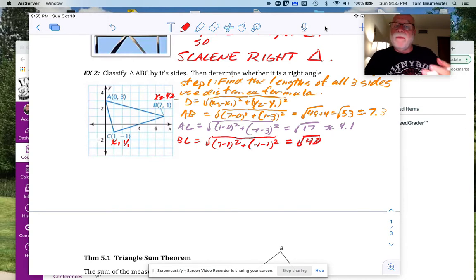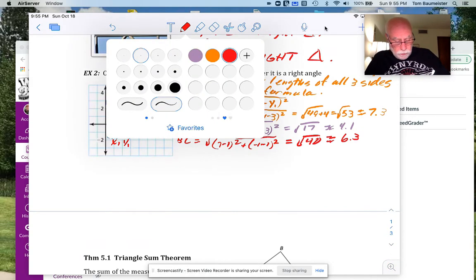So as you can see, even underneath the radical signs, each one is different. To me, that would have been okay if two of them had the same under the radical, I would have been okay with that. All right. So as we can see, there's no congruent sides.